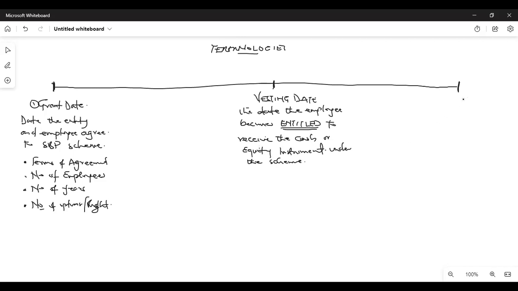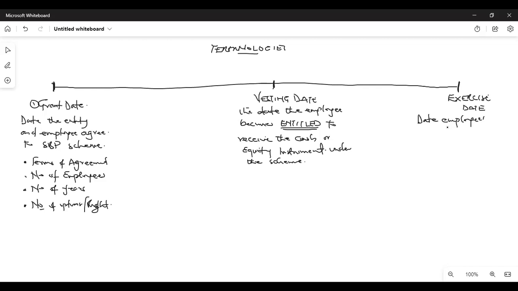Then we have exercise dates. The exercise date is the date the employee receives the share-based payment. Or the other party. Please, I've said I'm using employee as an example. It can be a supplier, all right, because we buy things from supplier.